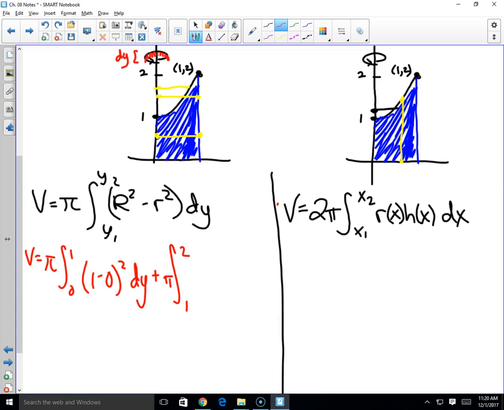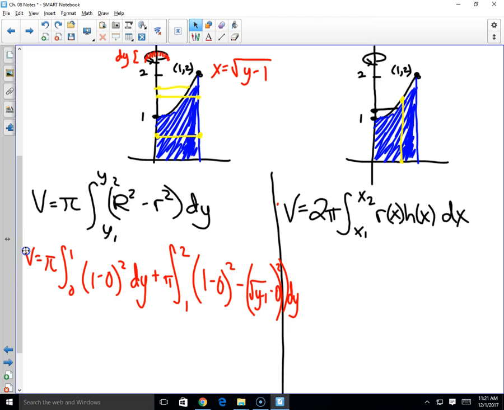Square root of x, no, square root of y, 1 minus... What was my function? x squared plus 1. So x is equal to the square root of, double check me, y minus 1? Yeah, it's the positive stuff on the right side. So it has the square root of y minus 1, minus 1. You guys agree?